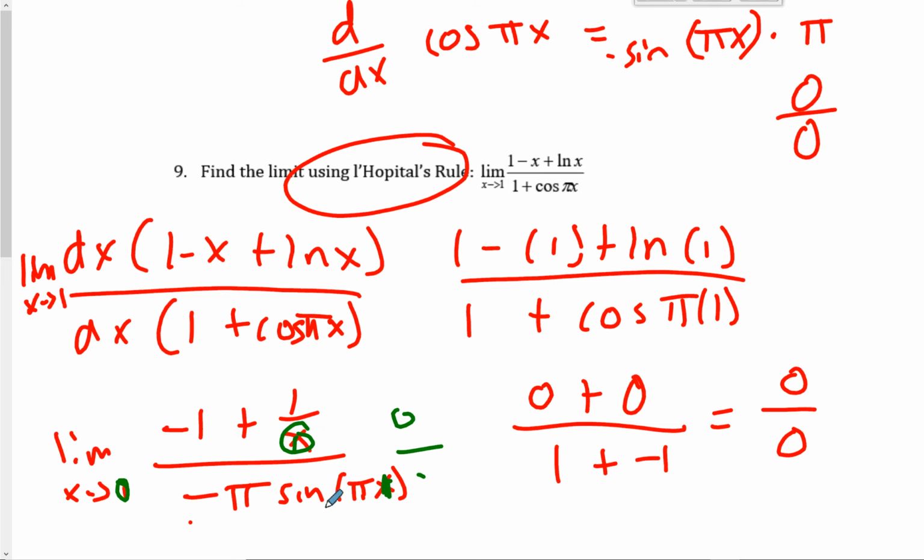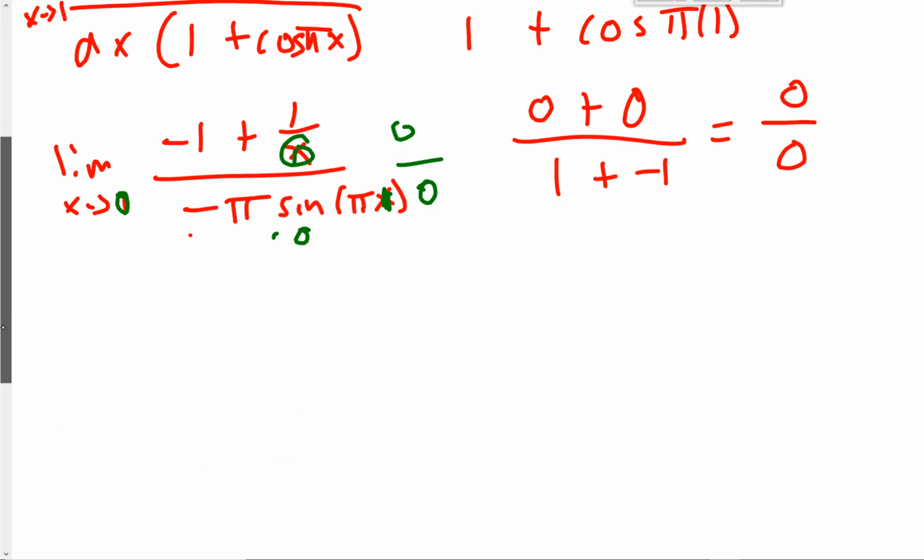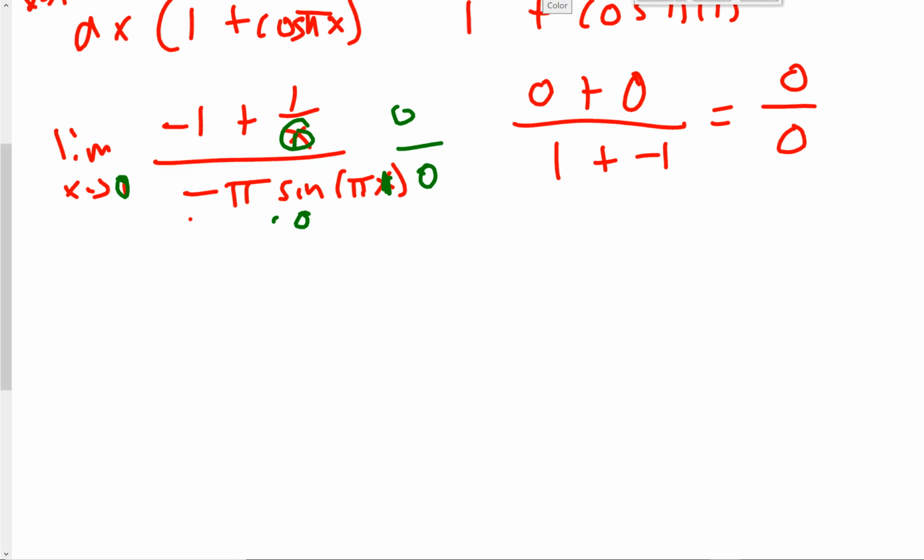That's just pi. Sine of pi is actually 0. 0 times negative pi is 0. So I got 0 over 0 again, right? So that means I can do L'Hopital's rule again.